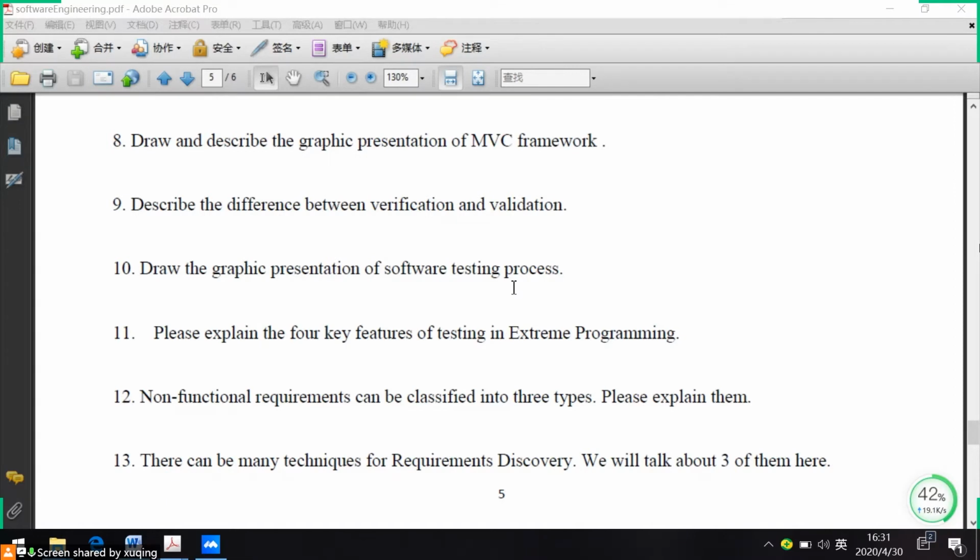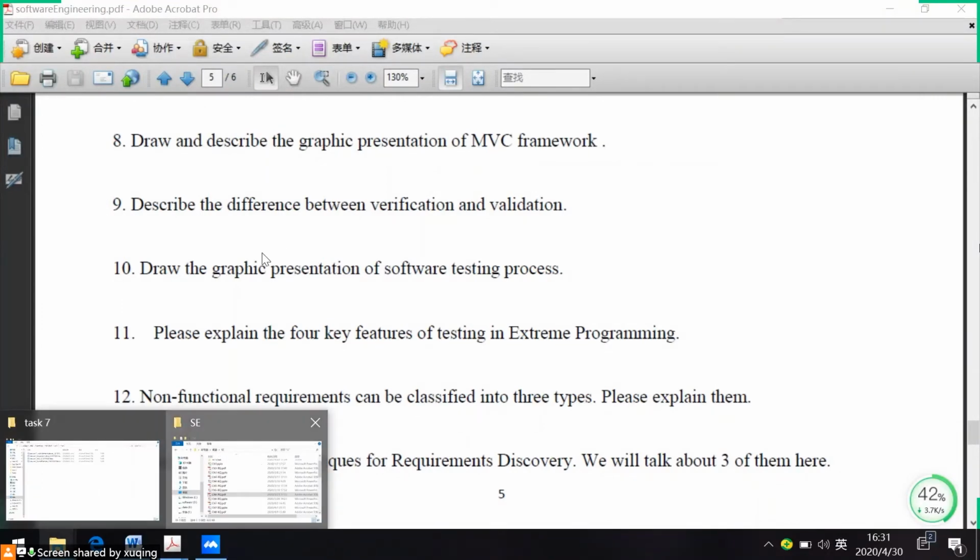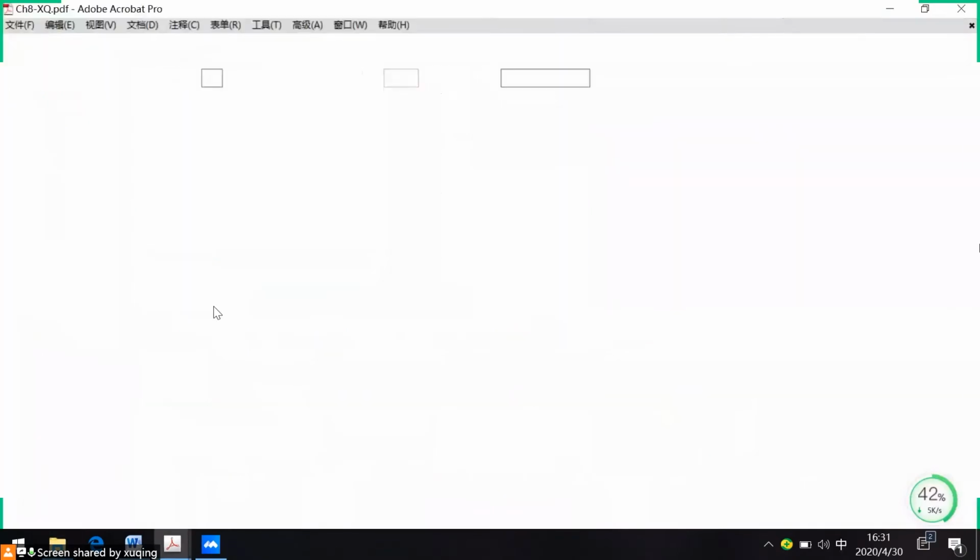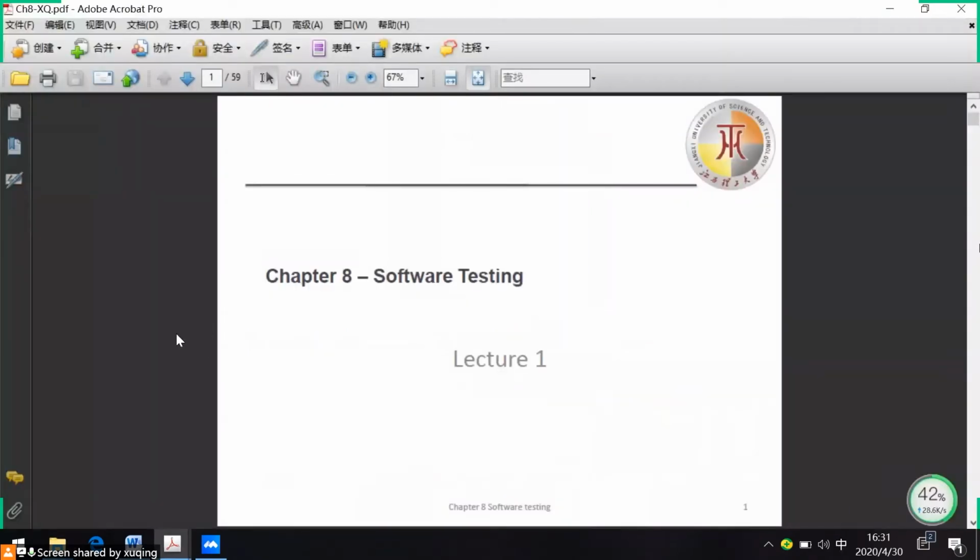A software testing process is in the 8th chapter. You can easily find it in the PDF.